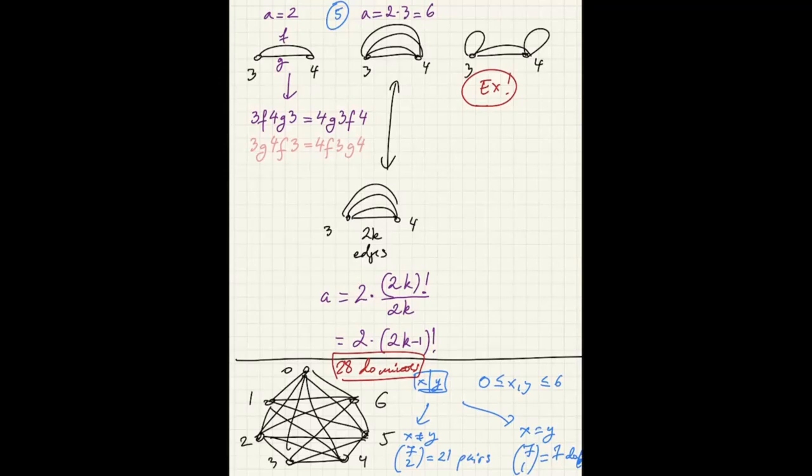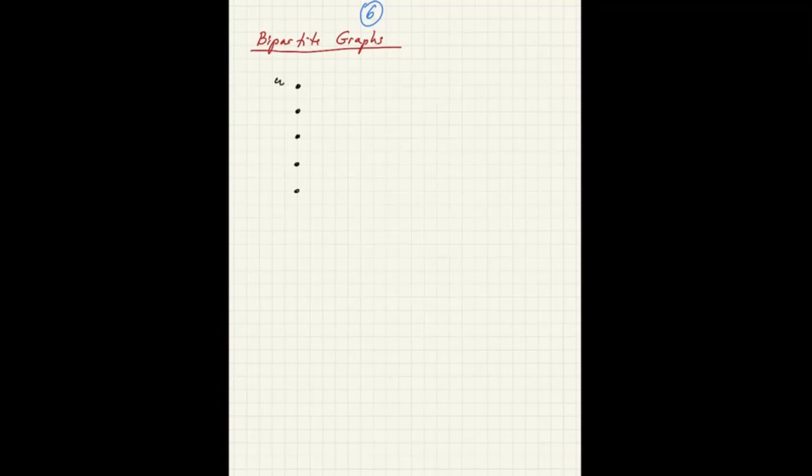Okay, so let's move now to another class of graphs, which are called bipartite graphs, where again some notion of parity will come into play. Let's start with an example. Let's say we have the following situation. We have a collection of workers, which I denote here by these dots: worker 1, 2, 3, 4, 5.